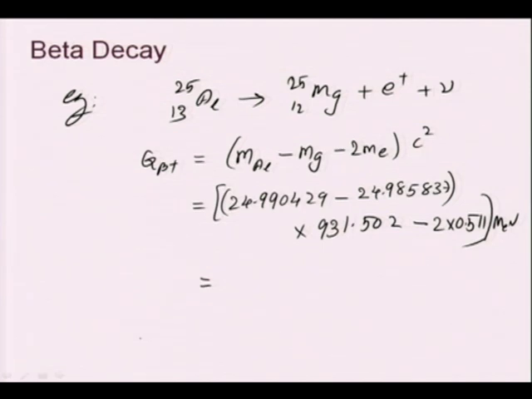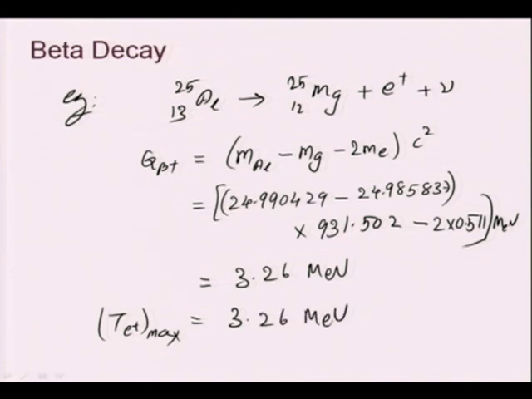You can do the algebra, and then it is equal to 3.26 MeV, and it is observed that the maximum kinetic energy of the positron coming out is indeed equal to 3.26.